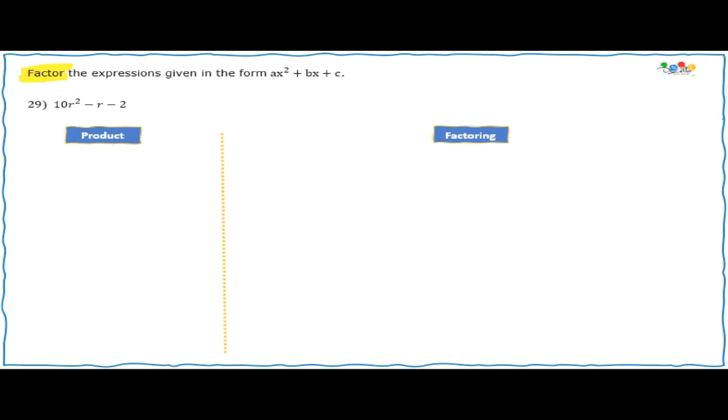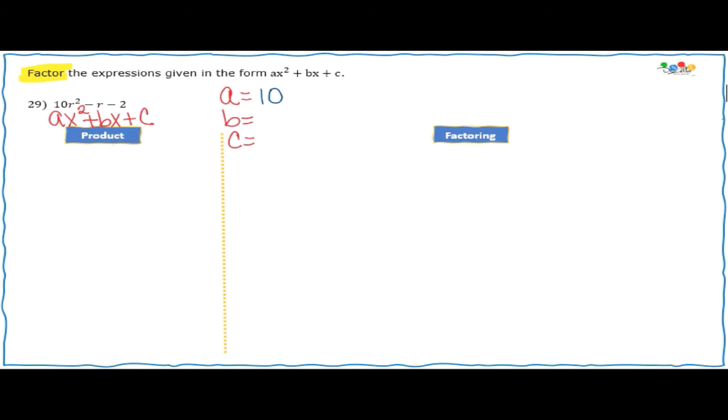Yes, we're going to write down the standard form right below the problem. So I'm going to write down ax squared plus bx plus c. Remember, this is to help us identify a, b, and c. So a has a value of 10.